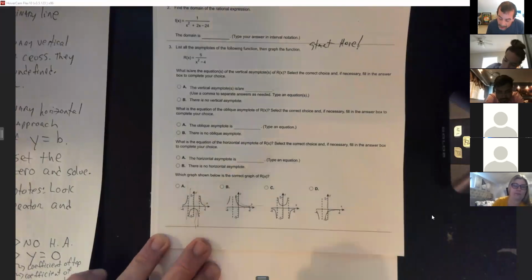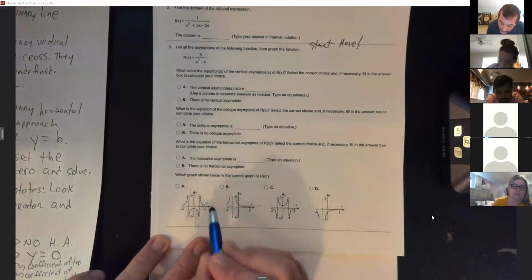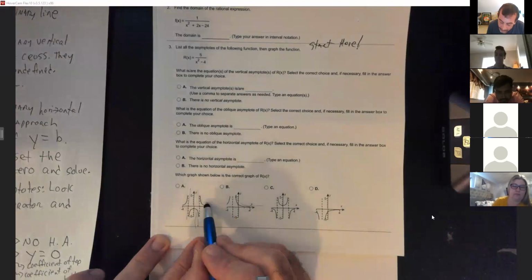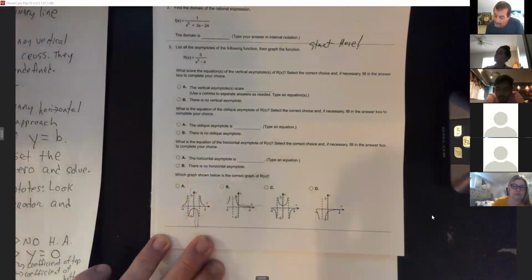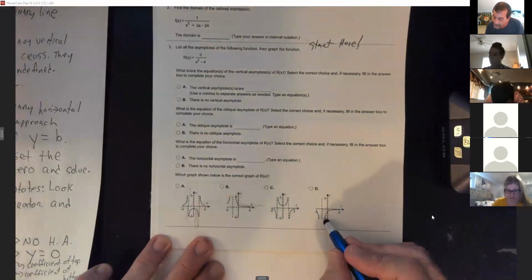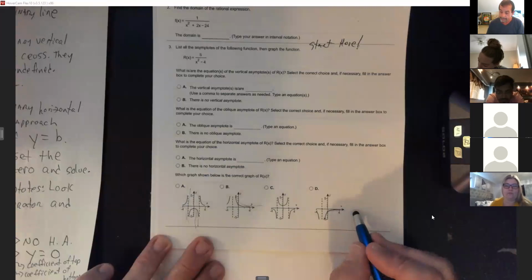Now a horizontal asymptote, these little lines to the right, would keep trying to get down to that 0 on the x-axis, but it never quite gets there. Sort of like this one back here. See how this line just keeps curving? It wants to get really close to the x-axis, but it never does cross over it, okay?